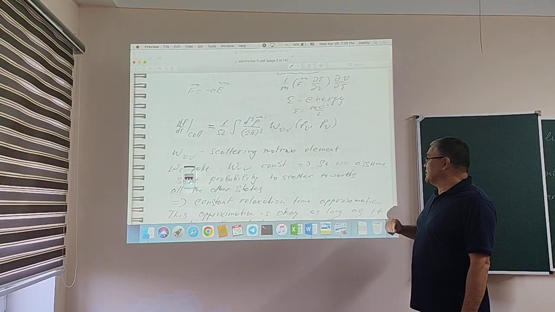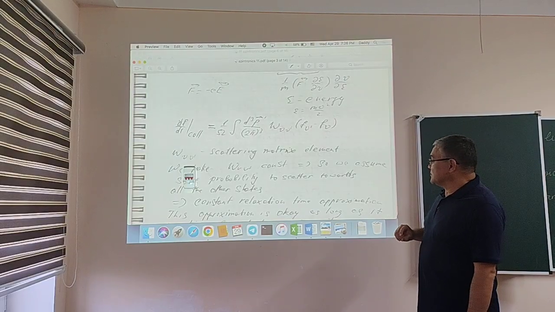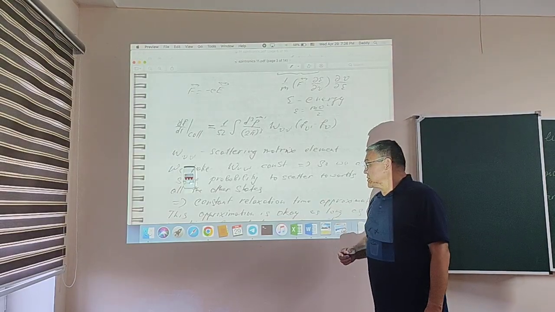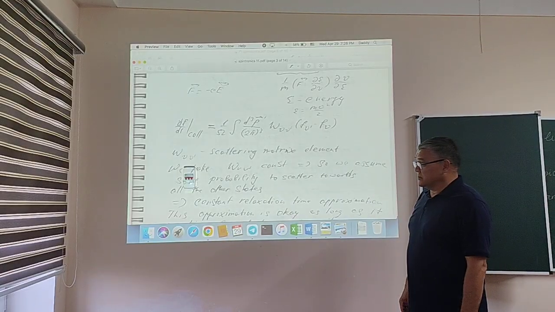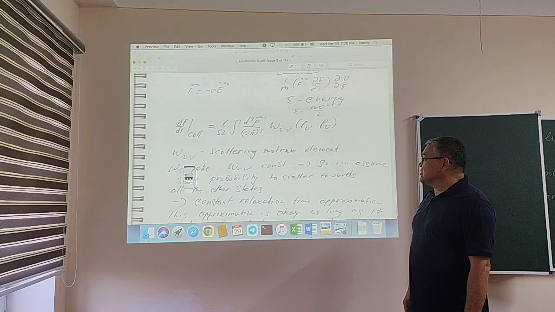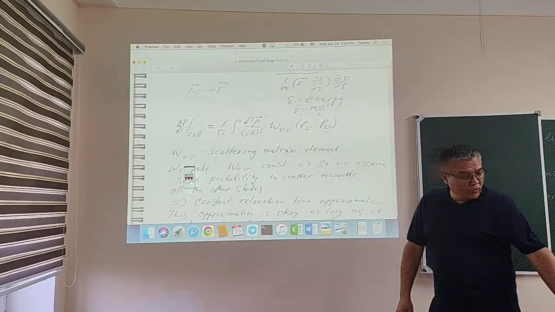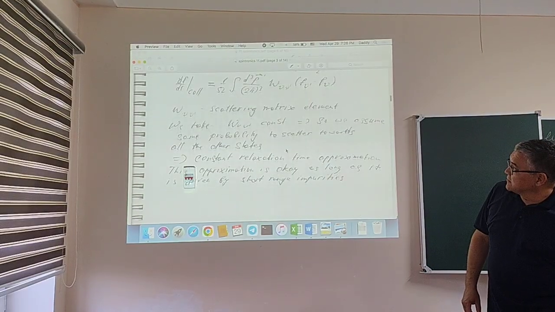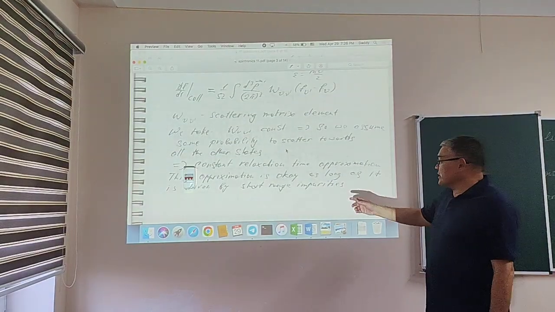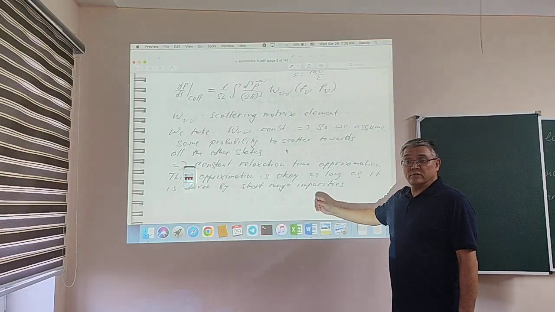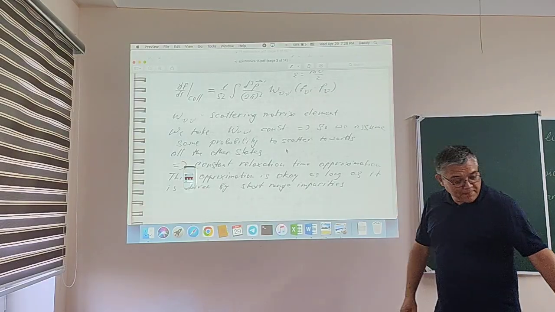This happens when we assume the probability to scatter towards other states is constant. This approximation is valid as long as we have defects that have short-range potential functions.